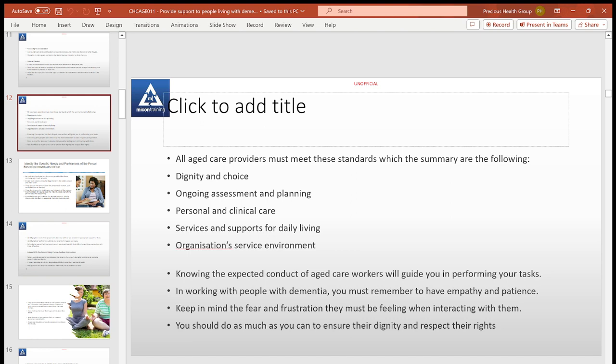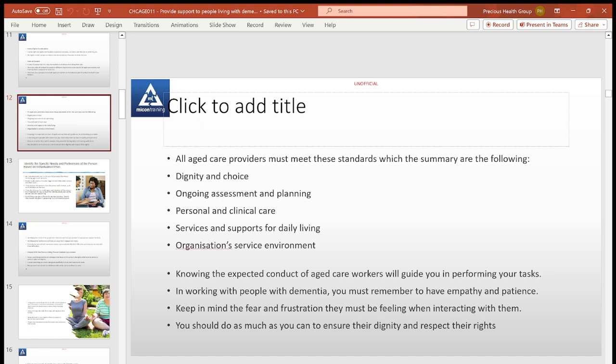If you go into the house of someone that has dementia and you want to assist them with activities of daily living, you can give them the option of wearing a white or blue shirt. You can hold the two shirts out and allow them to decide which one they want to wear that day. So this is an example of giving someone dignity and choice.